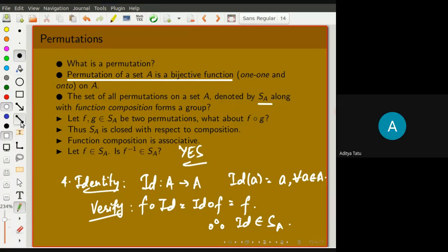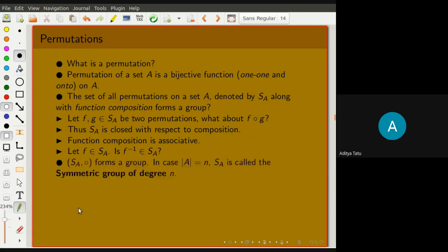Fourth axiom, identity. No questions. Then what is the conclusion? We have just proved that the set of permutations on a set A along with function composition forms a group.